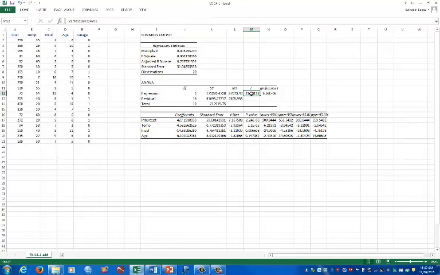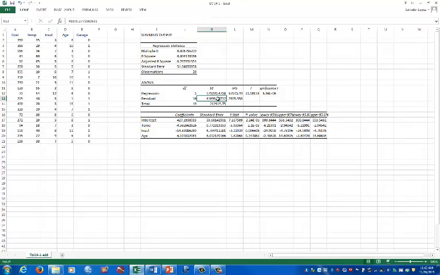And to obtain that value, we divide the MSR over the MSE, this over this. Each one comes from dividing the sum of squares by the corresponding degrees of freedom.